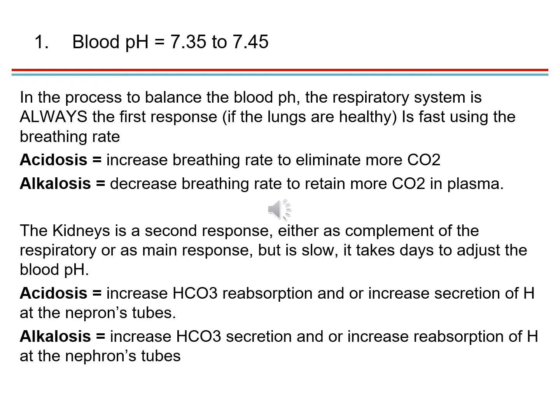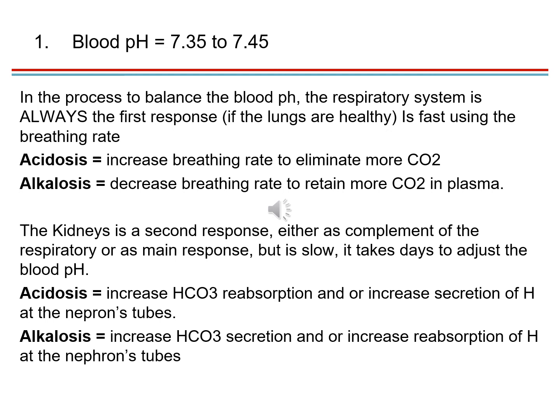We need to keep the hydrogen that we have. So our physiology in our nephron will increase the secretion of bicarbonate to be eliminated in urine, but also increase the reabsorption of hydrogen to keep more hydrogen in our plasma. And in this way, we compensate the alkalosis in the bloodstream.